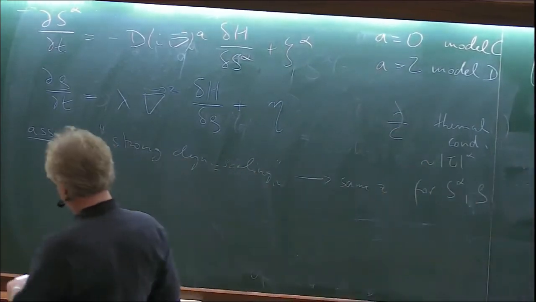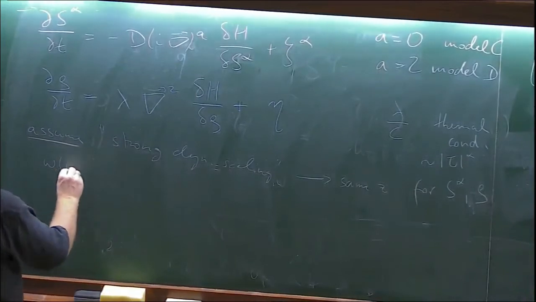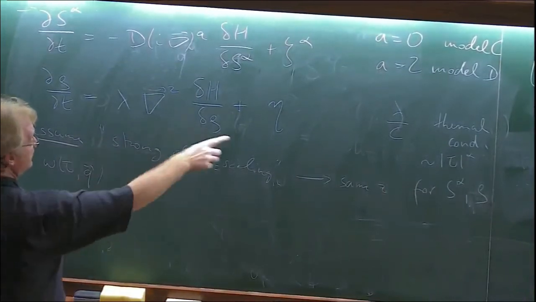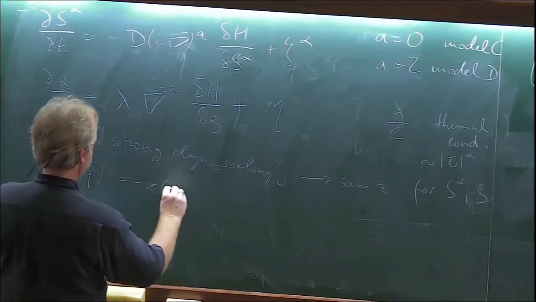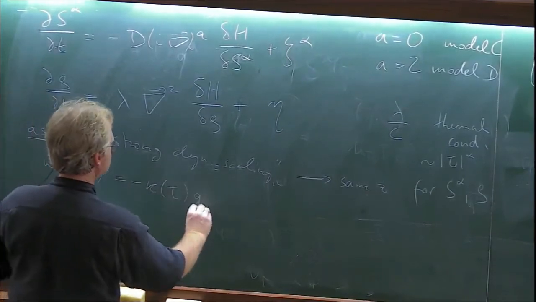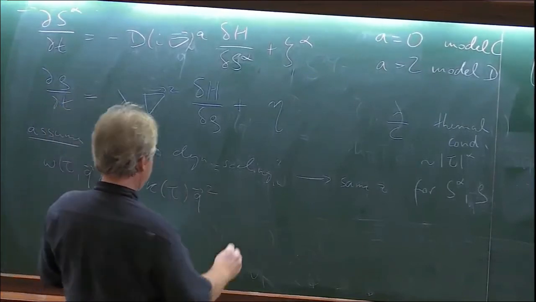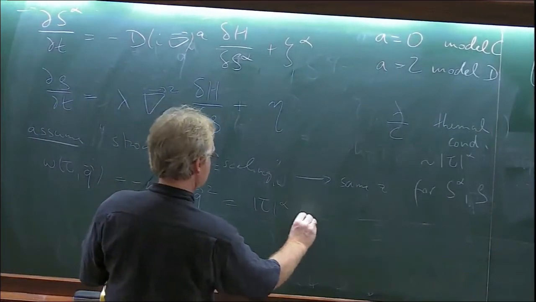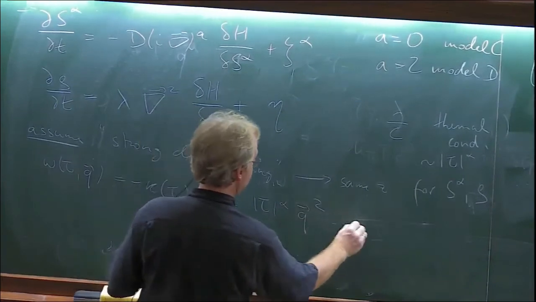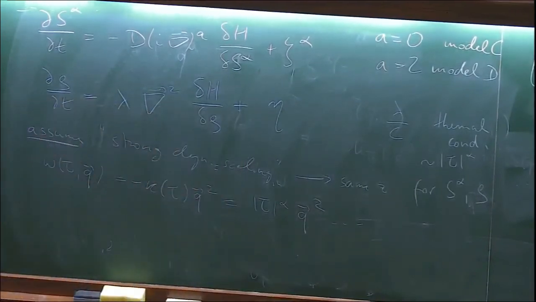And that works as follows. My dispersion relation for this heat diffusivity is diffusive, as we said, tau of t q squared. And as I just said, this is basically tau to the alpha q squared, and then some scaling function. What it scales is tau to the alpha.